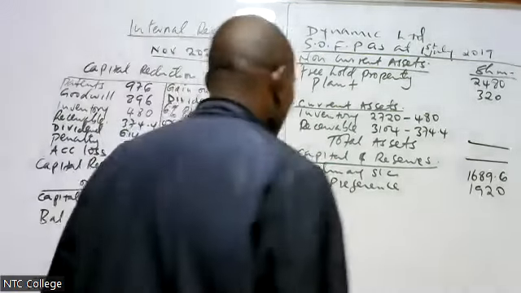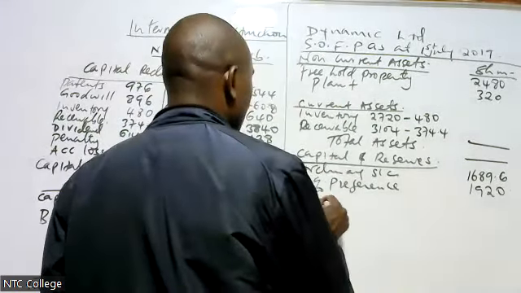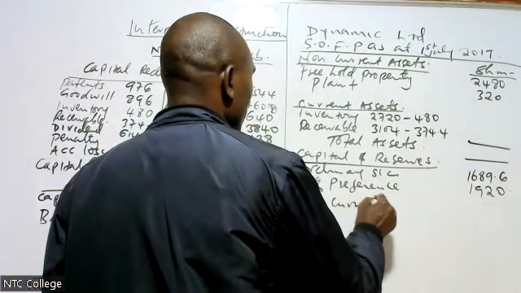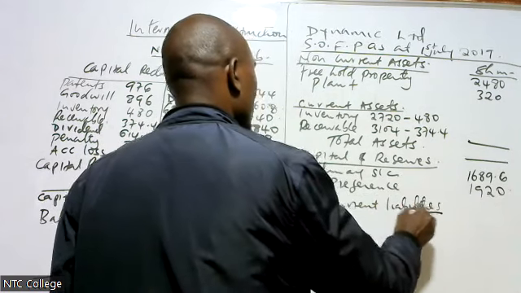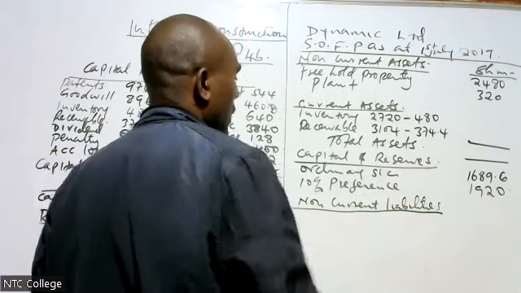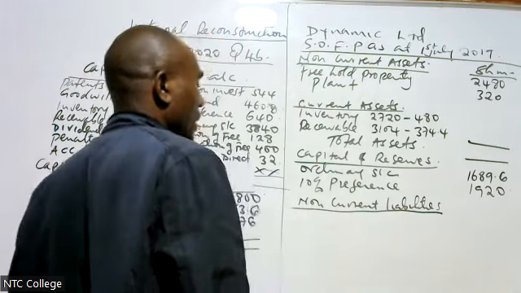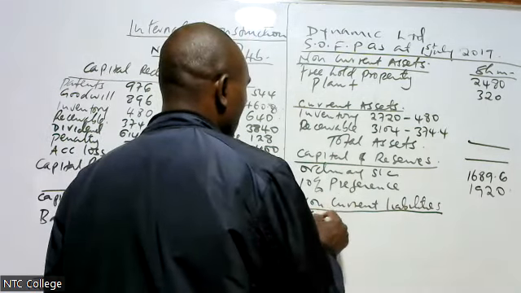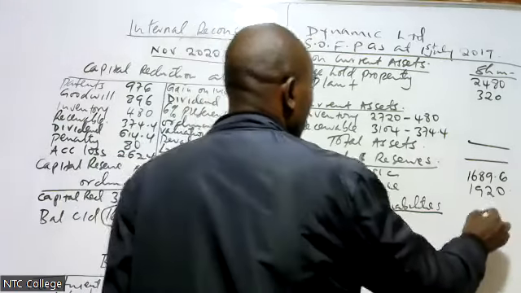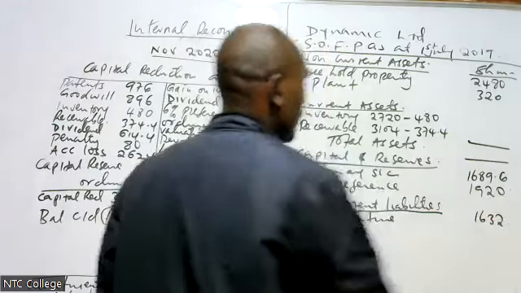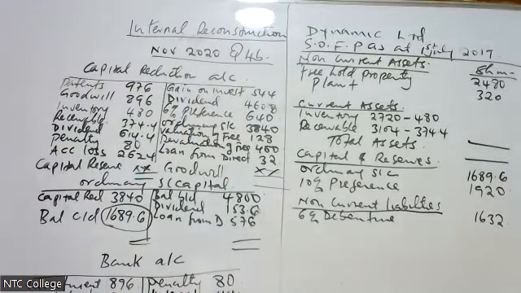Then we come to non-current liabilities. We have 6% debenture, 1632. Remember, we repaid that loan, and it remains 1632 after payment.